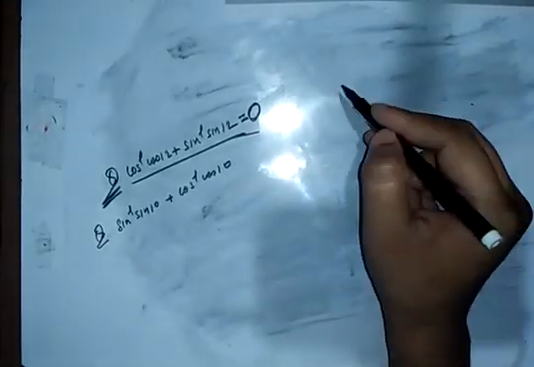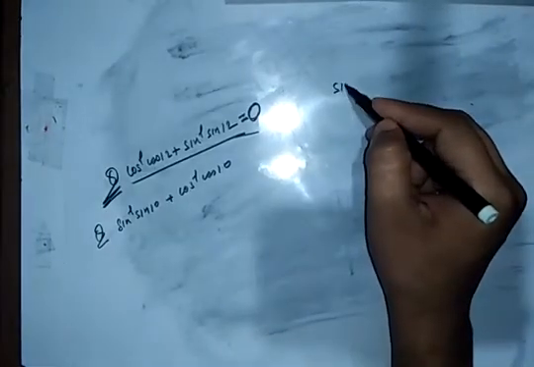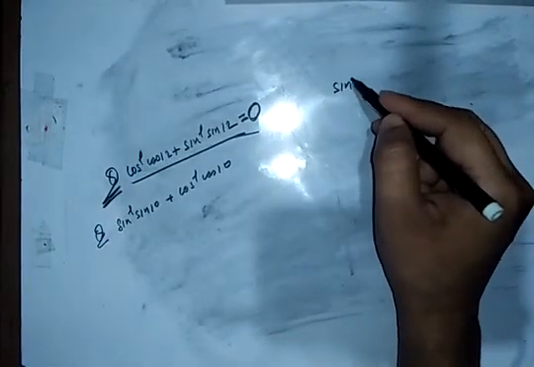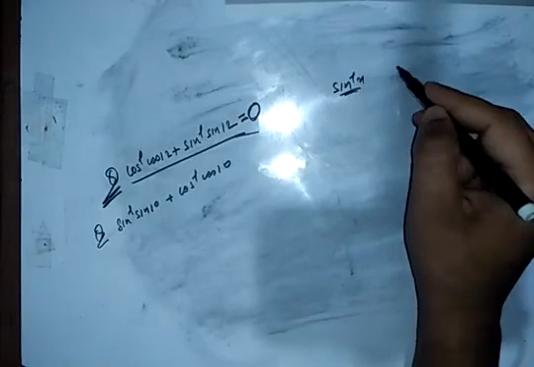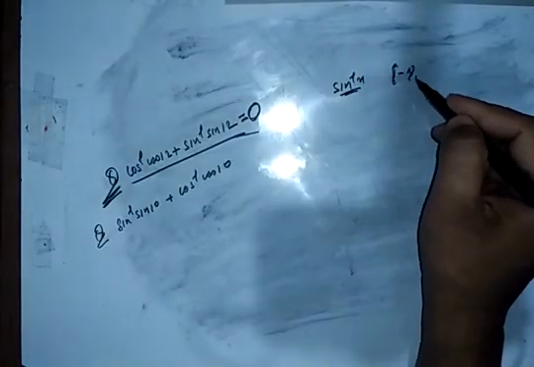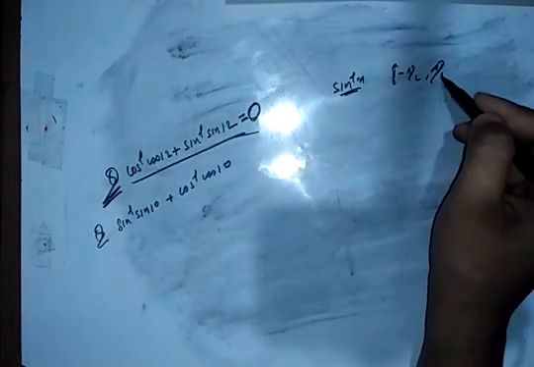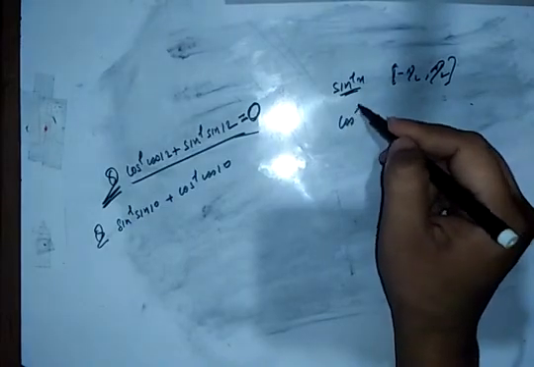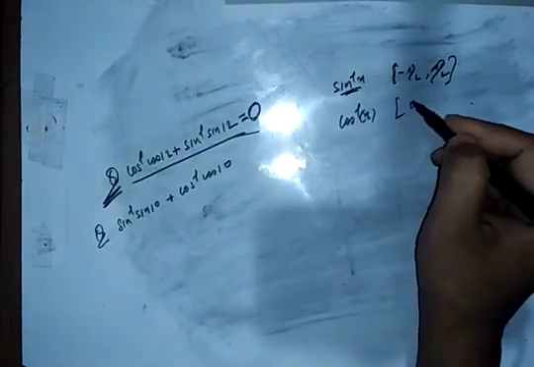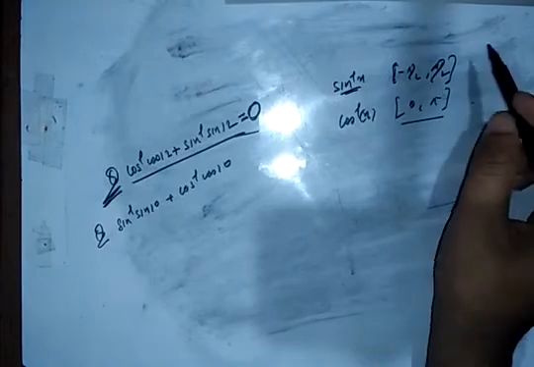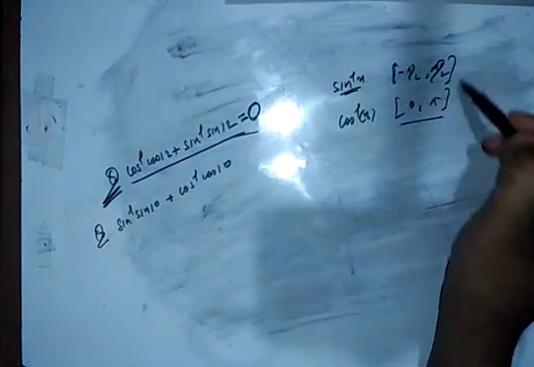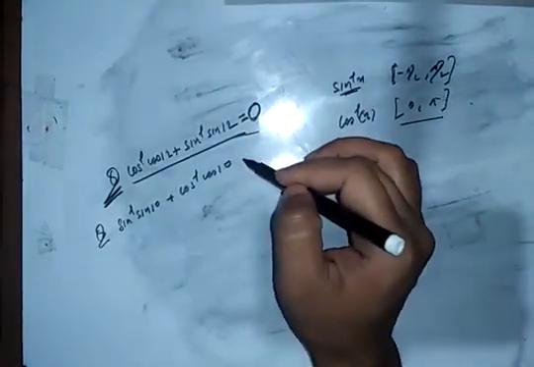So the principal value for the sine inverse function is minus pi by 2 to pi by 2. For the cos inverse function, this is nothing but 0 to pi. You have to apply this concept and you can find the value in the similar way.